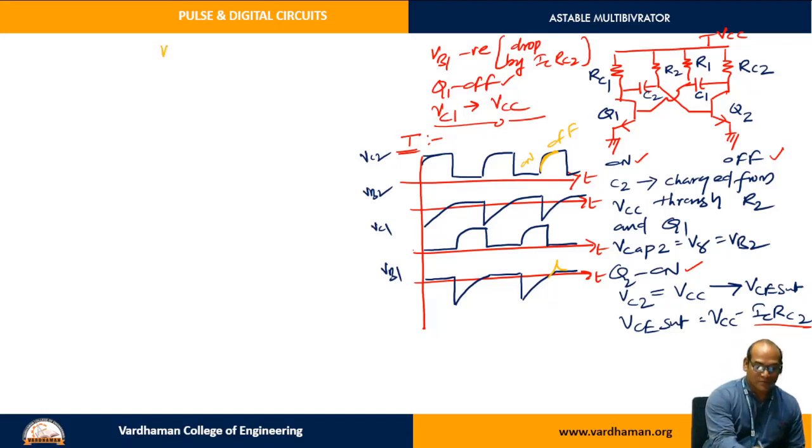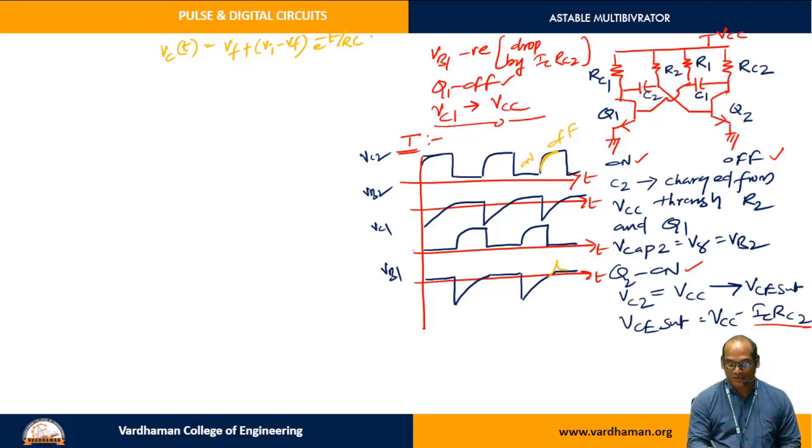So we know very well about the capacitor: Vc of t is equal to V final plus V initial minus V final into e power minus t by RC. This is the formula. When you consider only this, you will get the T1 time period, and here T2 is there.